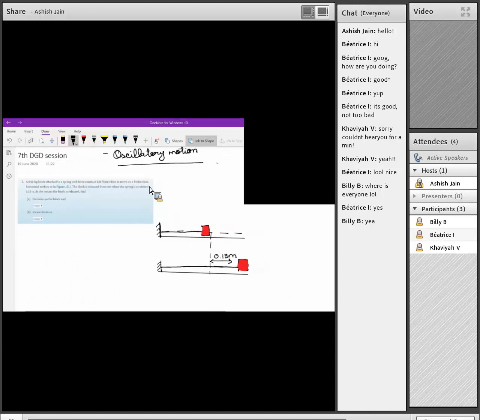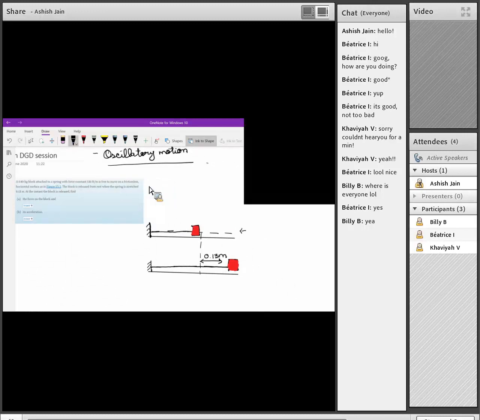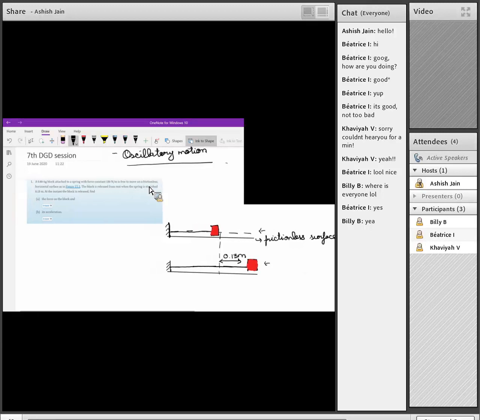So given is a mass attached to a spring on a frictionless surface. That means you have to worry only about Hooke's law. The block is released from rest.